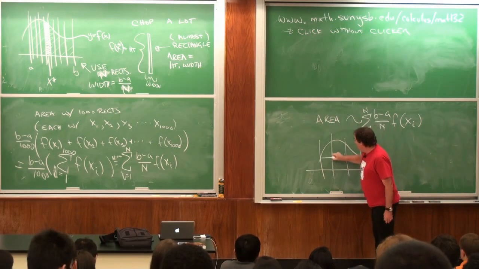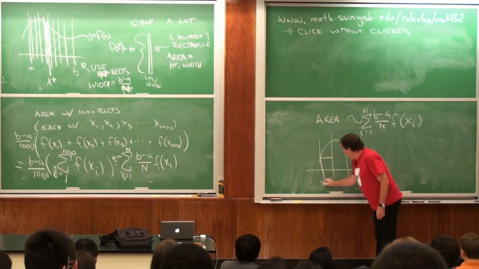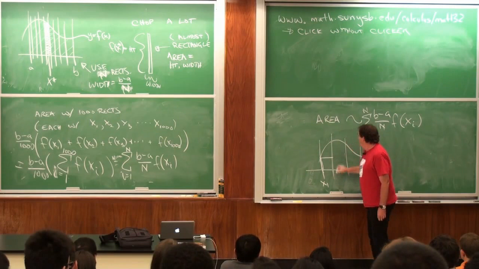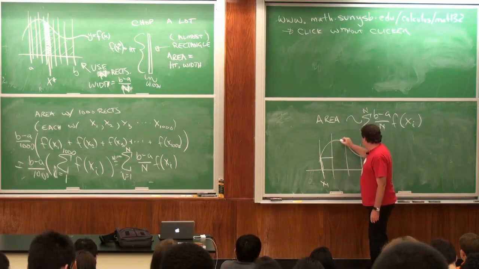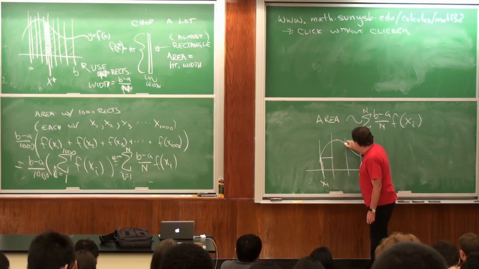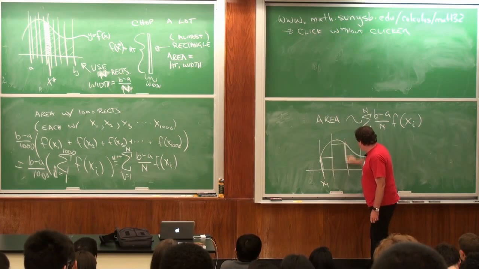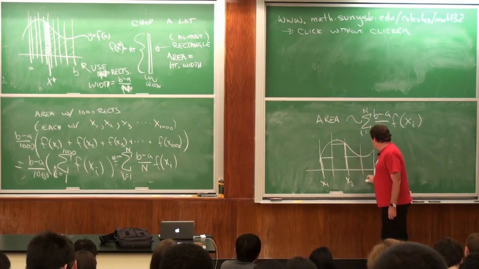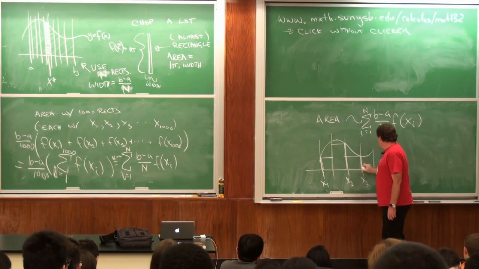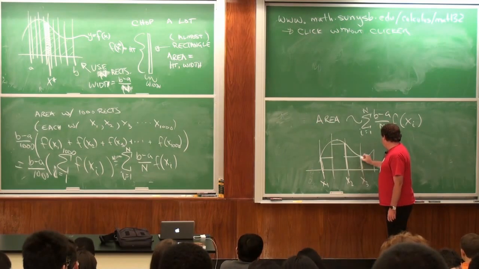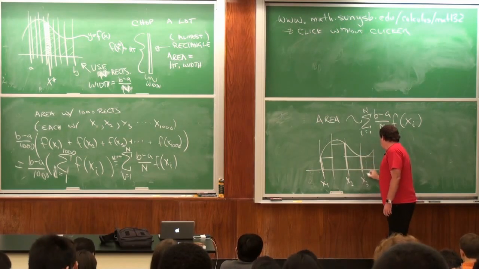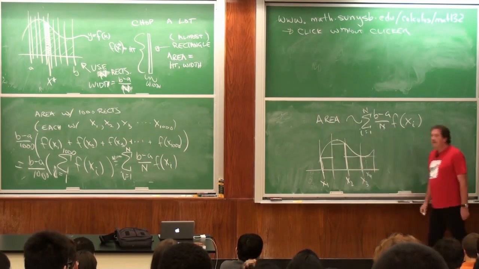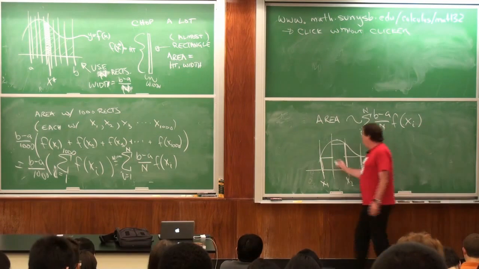If I choose it here, this is x1. And then I choose x2, well, it looks to me like I want lowest. Here, this is my x2. And then I'm going to choose it here. This is my x3. And then I'm going to choose it about here. There's my x4.